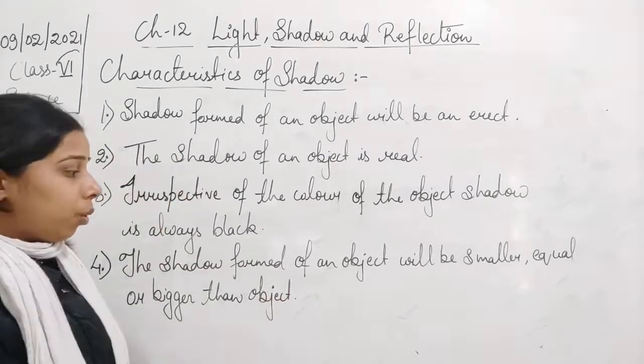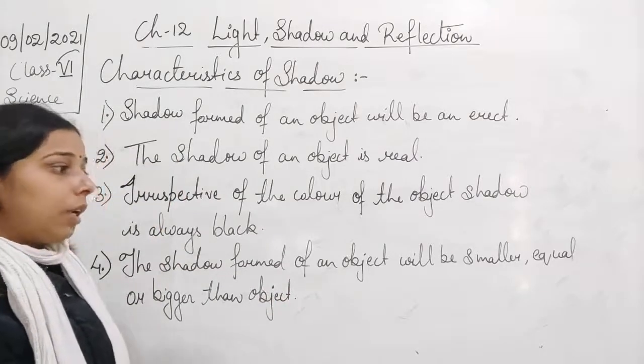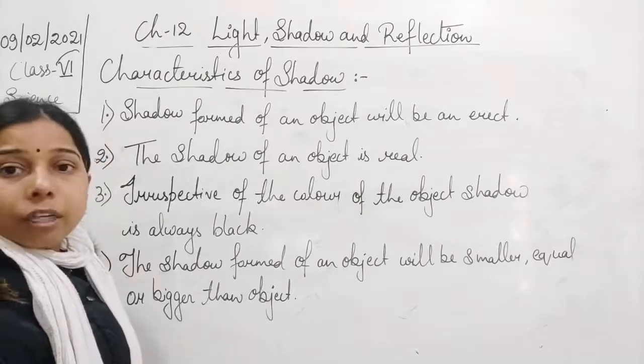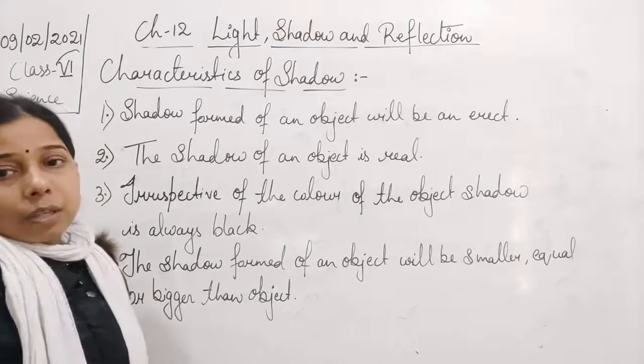So the shadow that is formed of that object, either it will be smaller, or equal, or bigger than that of the object.